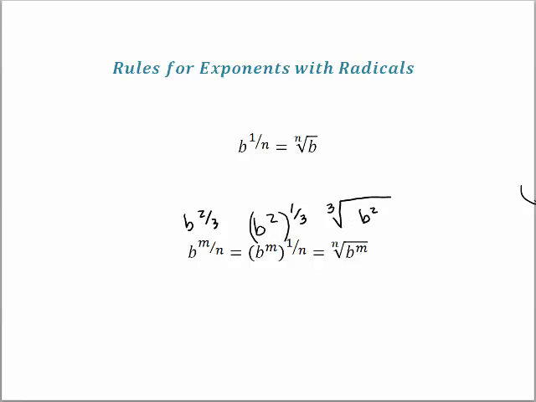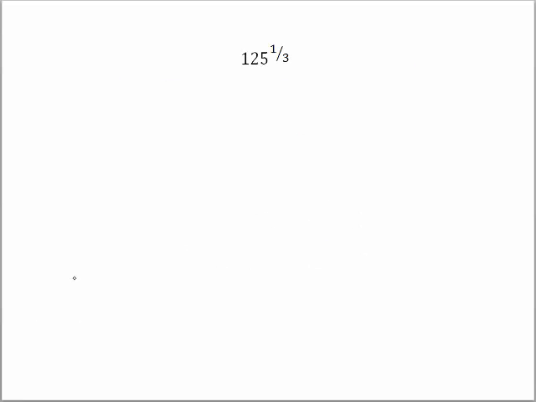All right? How about a real problem? 125 raised to the 1/3. First of all, we know that this fractional exponent we can turn into a radical. Now how does that work? There's our radical.